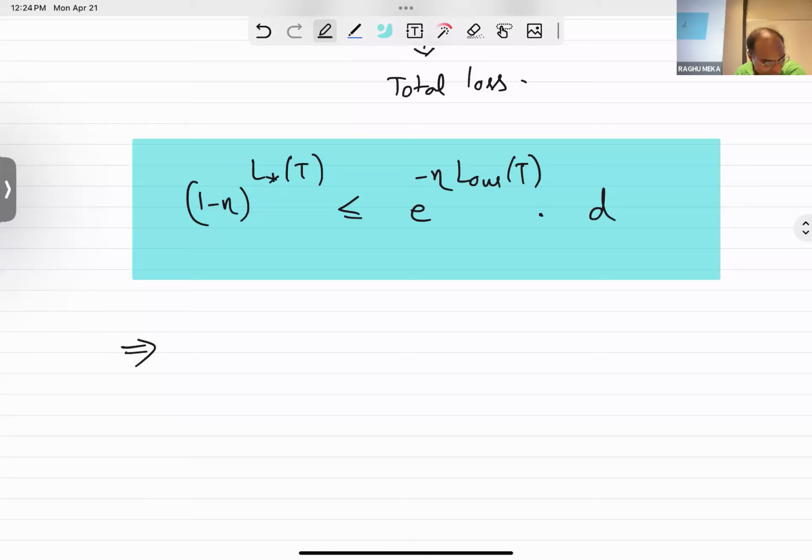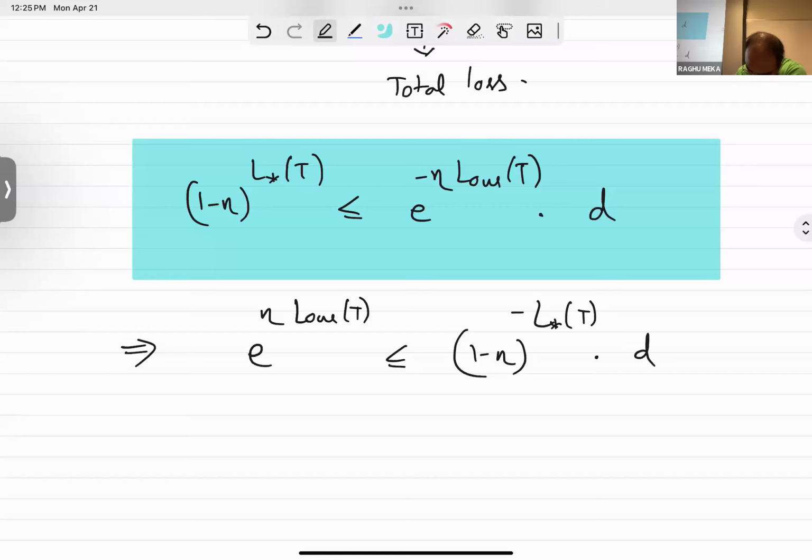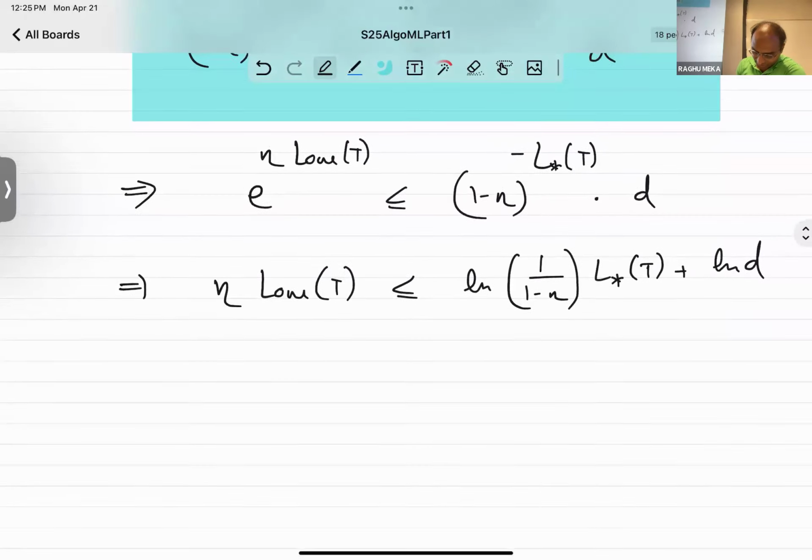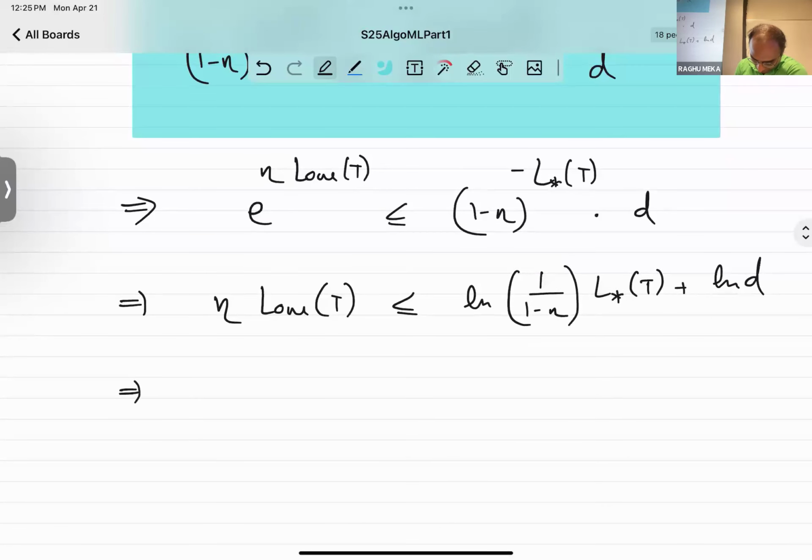You take the logs. Okay, let's take the natural logarithm on both sides. And we are at our final.